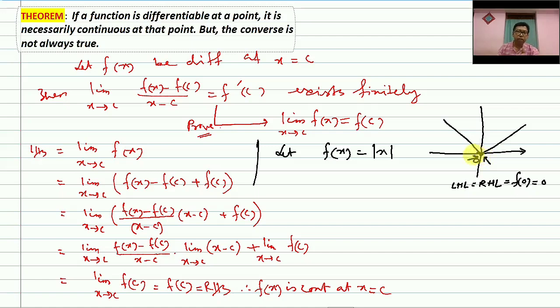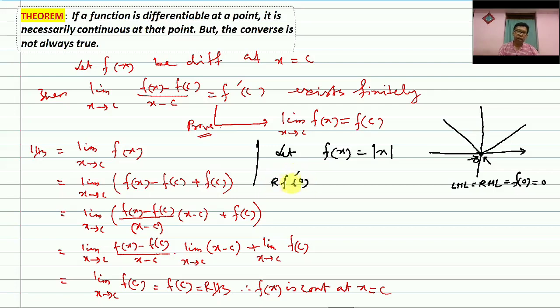But can you say the function is differentiable at the point x = 0? For this, you have to show it mathematically, or graphically also. I will show it graphically later. Before that, show it mathematically. f(x) is modulus of x. What will be f'(0) from the right?